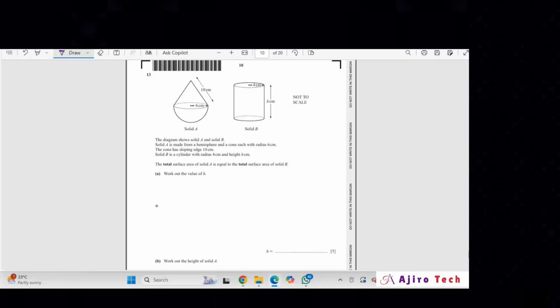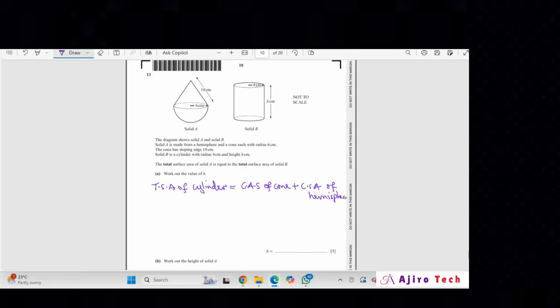For you to do this, there's a formula that says total surface area of cylinder is equal to CSA, curved surface area of cone, plus curved surface area of hemisphere. That is how you do it.